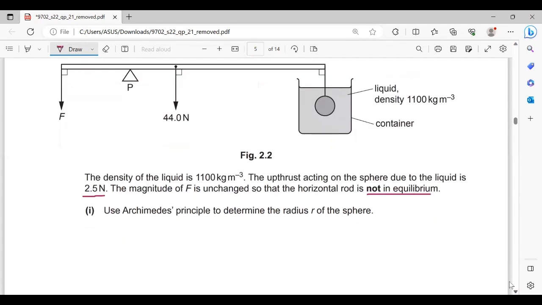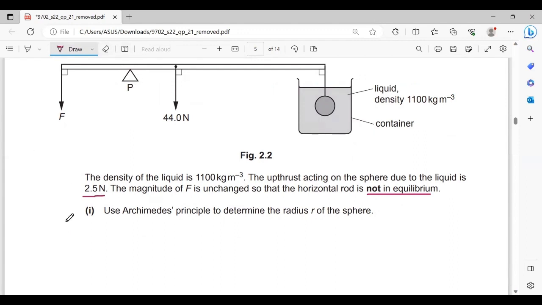We're going to calculate the radius, so we should use the formula of volume. But first we are going to find the volume. We apply volume equals four thirds pi r cubed.